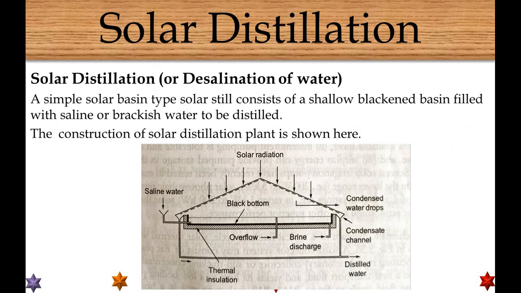A simple basin type solar still consists of a shallow blackened basin filled with saline or brackish water to be distilled. So the construction of the solar distillation plant is shown here.